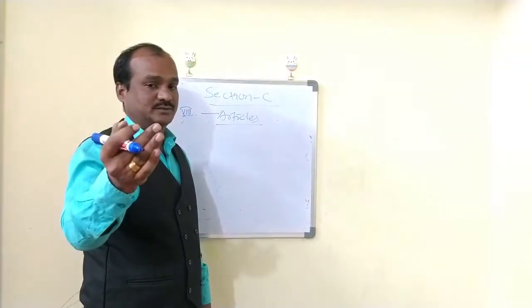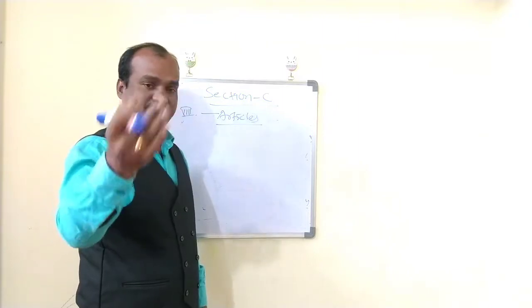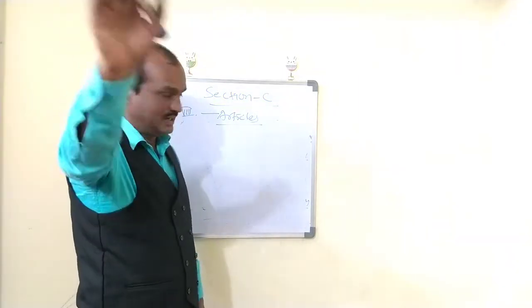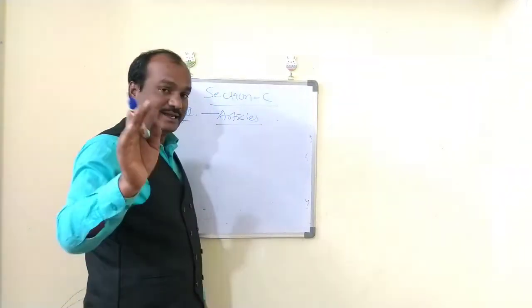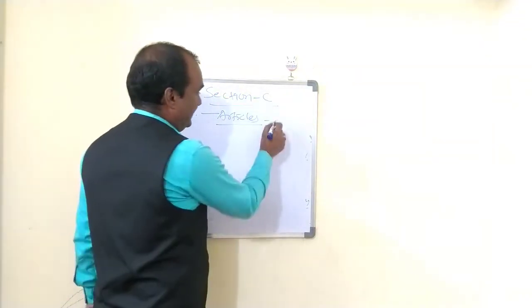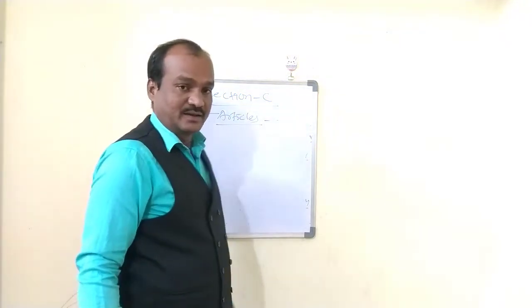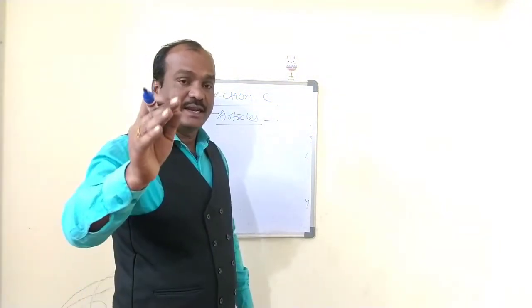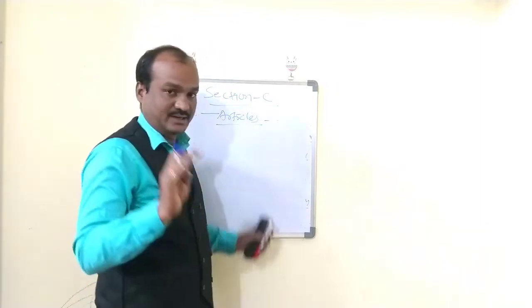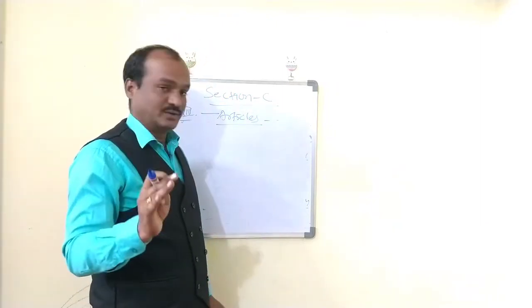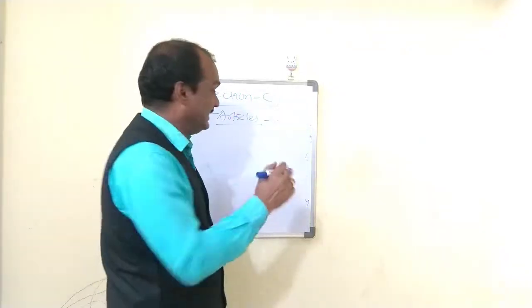How the uses of articles, definite article and indefinite article, I will let you know later. First keep in mind the paper pattern here. Bit number 8 is articles. Here, 10 questions will be given to you, 10 fill in the blanks, right? Out of which we need to write any 8.